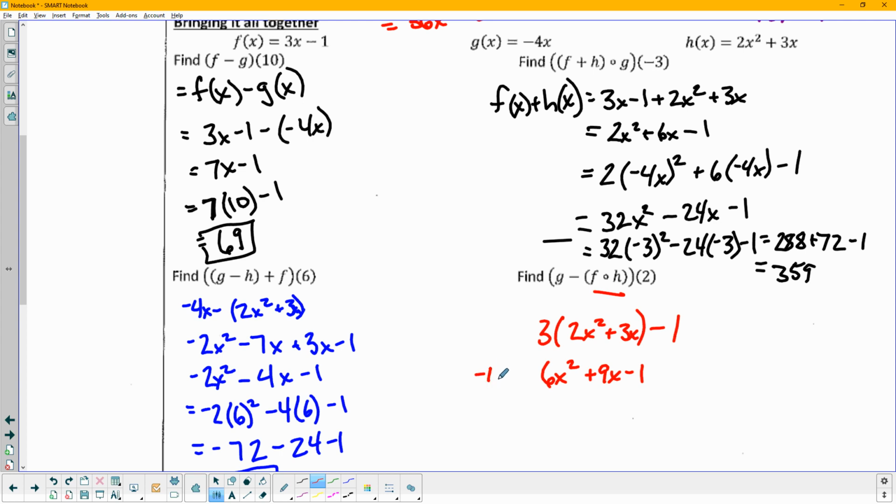So I'm going to go g of x minus all this. So let's see, that's going to be negative 6x squared. Trying to write it in descending order. That's going to be a negative 9, so that'll be a negative 13x and a positive 1. I believe so.